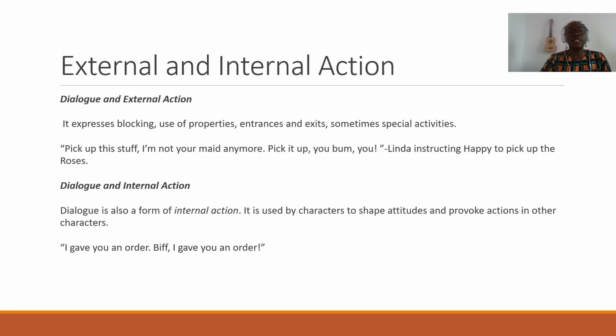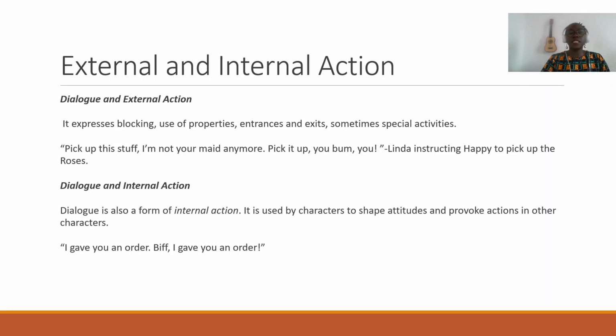One key thing that dialogue does is to help us to understand or to reveal external action. So the use of properties, movements, that is blocking, where somebody is standing, entrances and exits, sometimes special activities like playing piano or fighting.